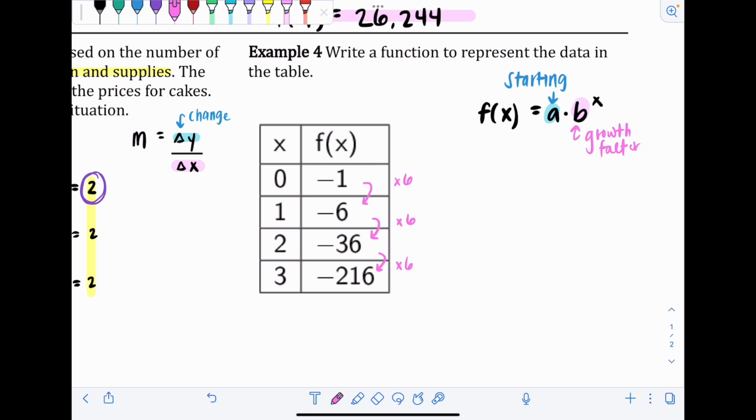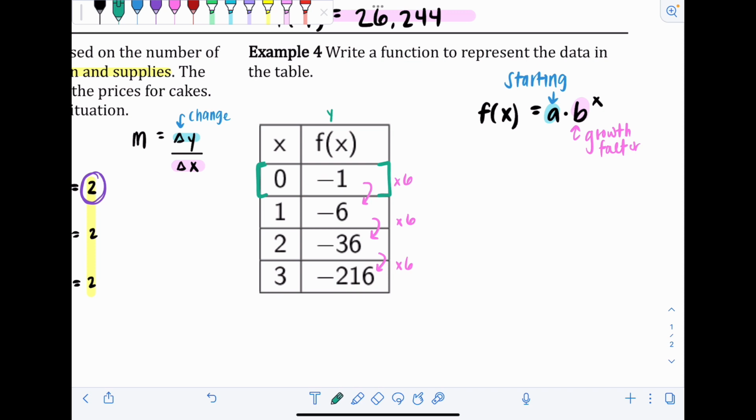So what's nice with this problem compared to the last one is we already know how to find the starting amount. Even though we have a different type of function here, an exponential function, the starting amount when you're looking at a table is going to be wherever there is x equals 0. That's going to be our starting amount, the f of x or the y side.